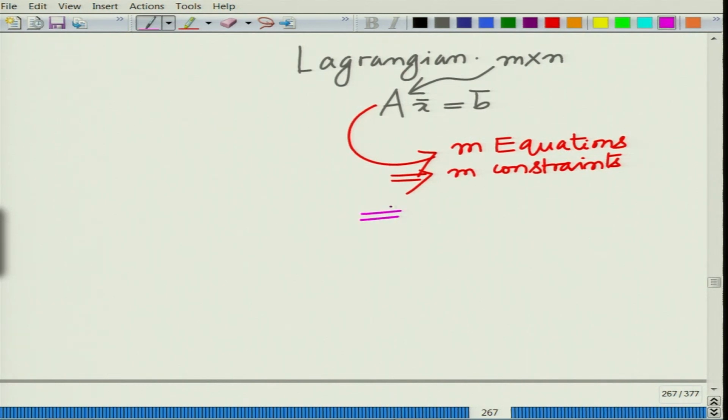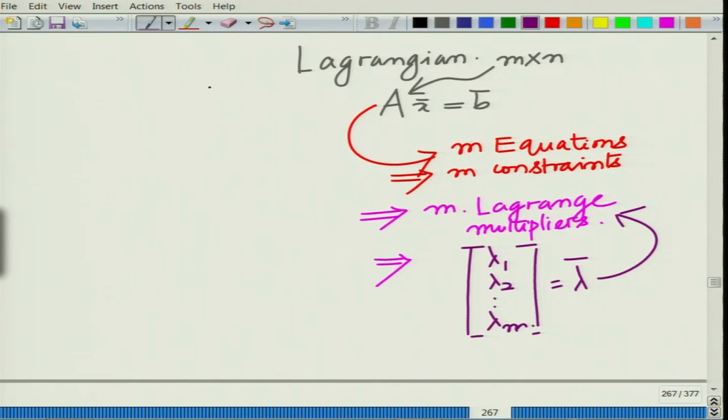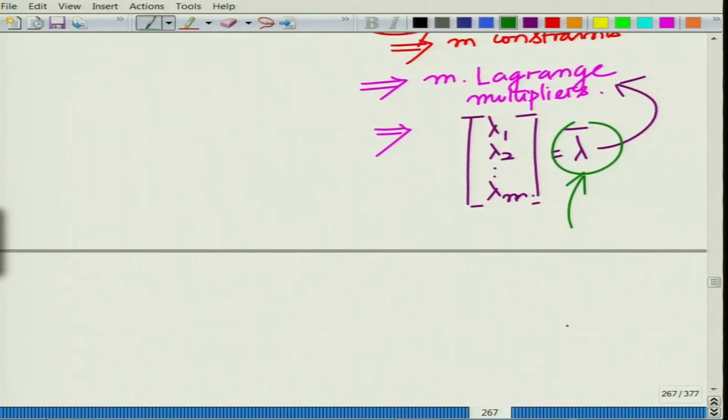Some of you might be familiar with this theory, which implies that you will have the vector lambda 1, lambda 2, up to lambda m, this is equal to lambda bar. This is the vector of Lagrange multipliers, because you have m constraints.